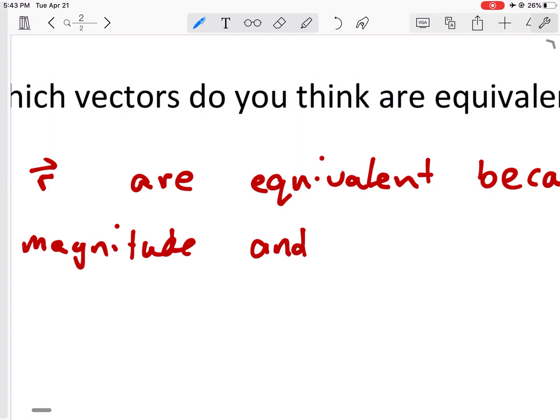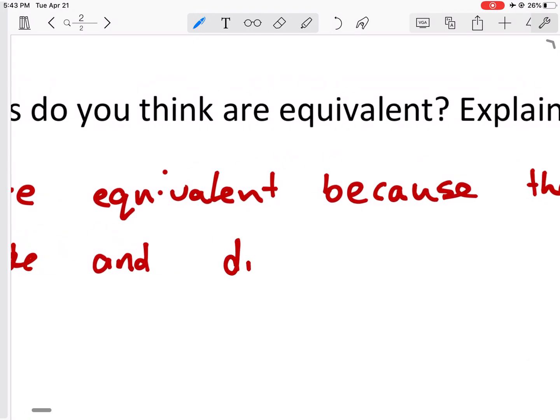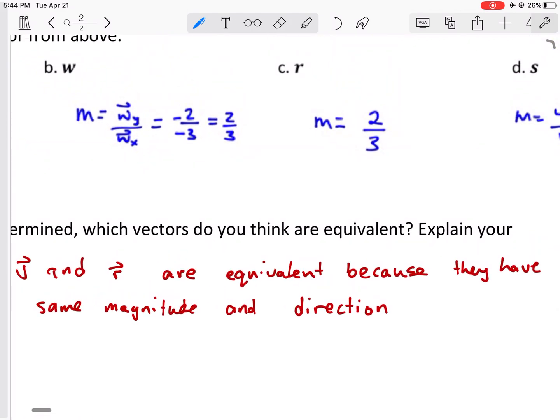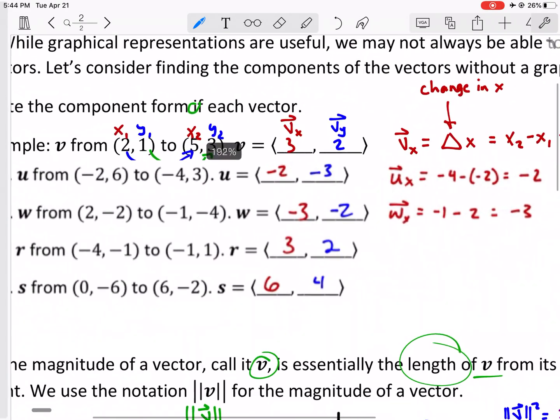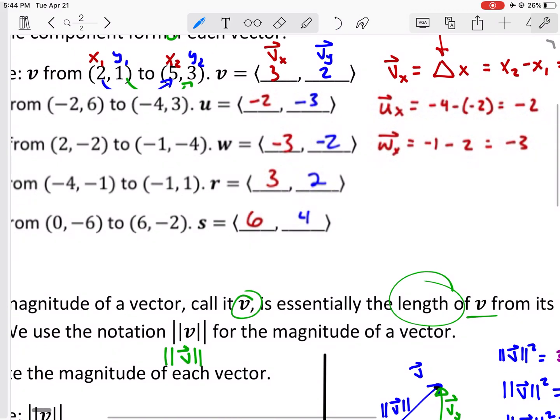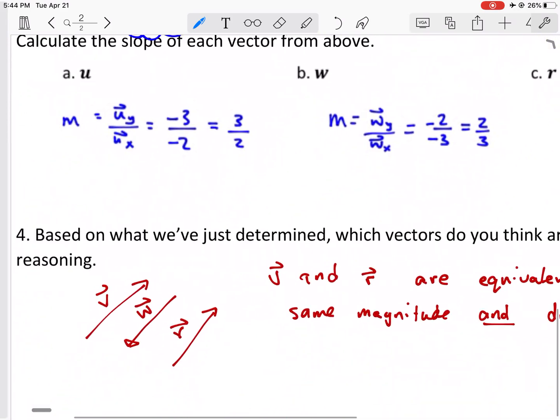So it's important to understand that just because the magnitude is the same doesn't mean they're the same vector. Or just because they're the same direction doesn't mean they're the same vector. Both the magnitude and direction have to be the same. Should be quick to tell if they're the same just by looking at the component form. If they have the same components, they are equivalent vectors.